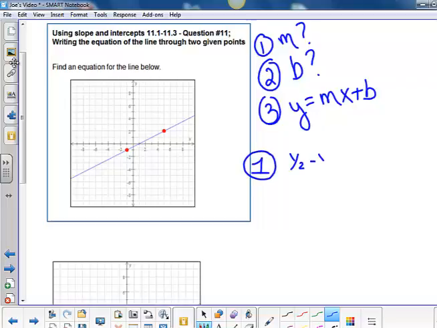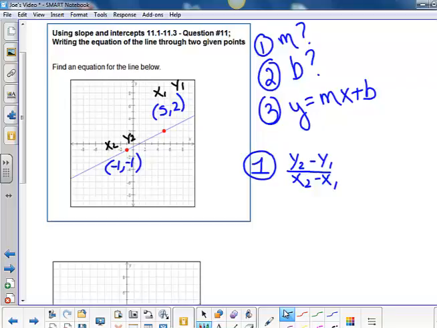So let's solve slope. First step, y2 minus y1 over x2 minus x1. Okay? If I look at the points here, I have the ordered pair 5, 2, and I have the ordered pair -1, -1. So those are going to be my points to calculate slope. I can even go ahead and label them x1 and y1, x2 and y2.